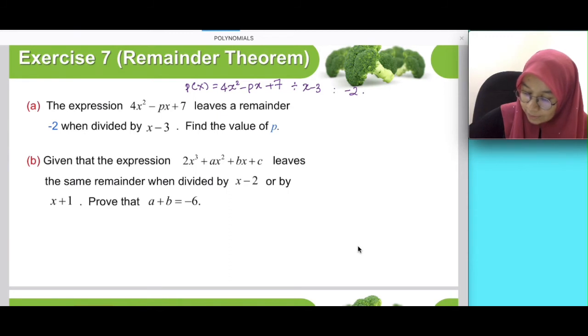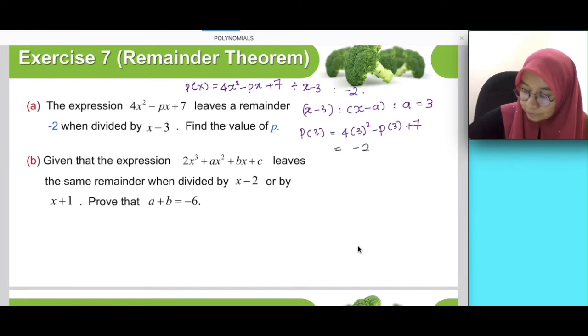Okay, so x minus 3, we compare with x minus a. So a is equal to 3. So we substitute P(3) is equal to 3 squared minus p times 3 plus 7. Here it is equal to minus 2. So you expand it. 3 squared is 9.